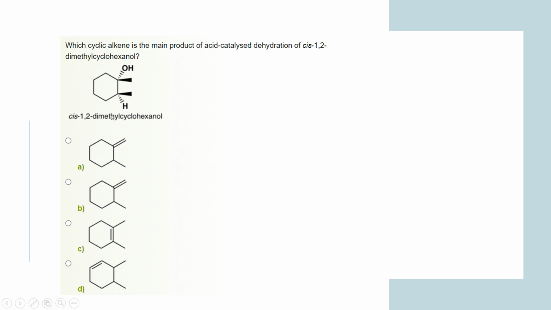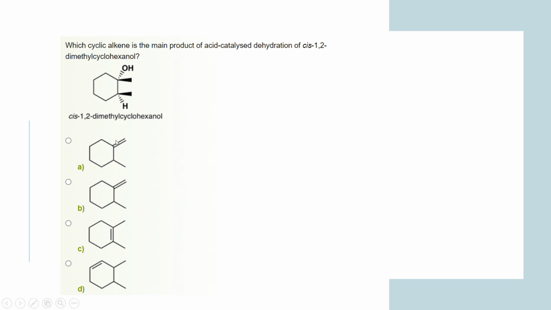Now, another question we have on the dehydration reaction: which cyclic alkene is the main product of acid catalyzed dehydration of cis 1,2 dimethyl cyclohexanol? This is cis 1,2 dimethyl cyclohexanol, and we are going to perform the acid catalyzed dehydration, which we have already studied in two of the previous questions.